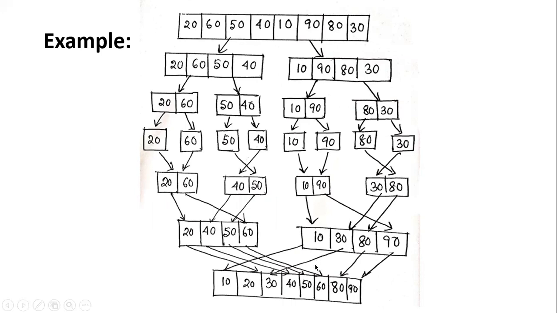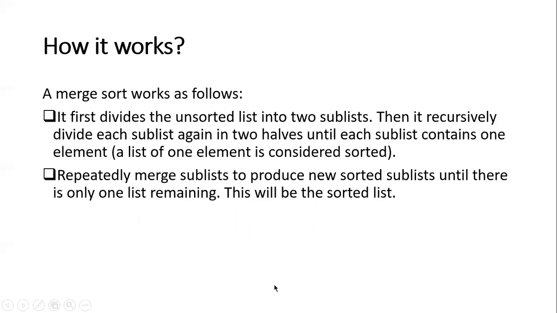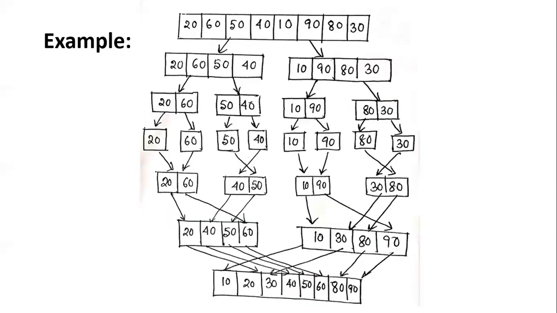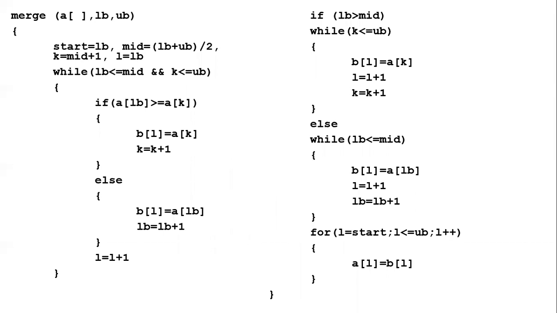So 30 will come down into the temporary array. That means it will check the condition A[LB] greater than or equal to A[K]. What is the content of A[LB]? That is 40. What is the content of A[K]? A[K]'s content is 30. So 40 greater than 30 is true, and 30 comes down to the B array.